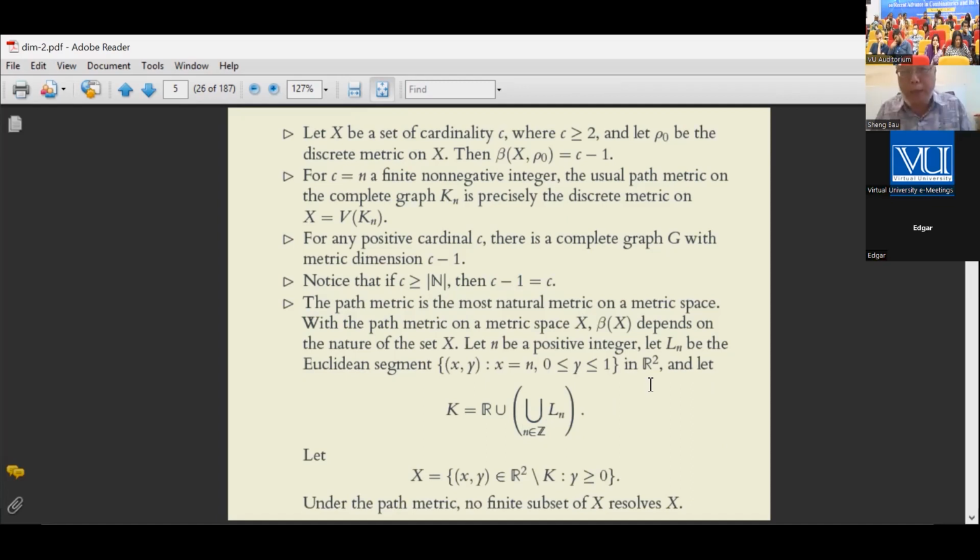The Euclidean plane, according to that definition, has metric dimension 3, because if you have a two-dimensional simplex, its vertices resolve the whole set. Whatever small simplex, it doesn't matter.